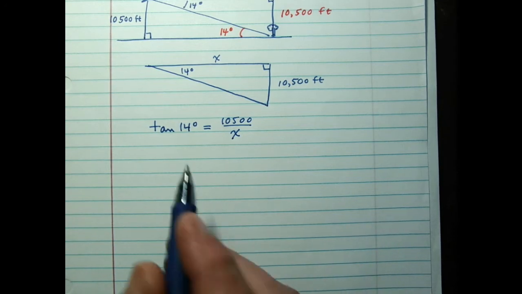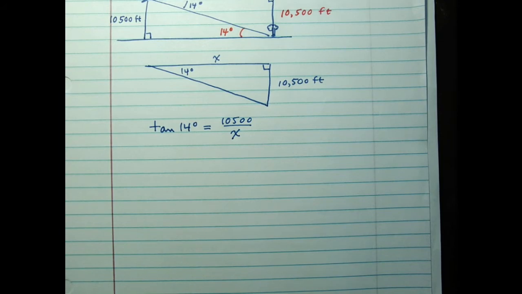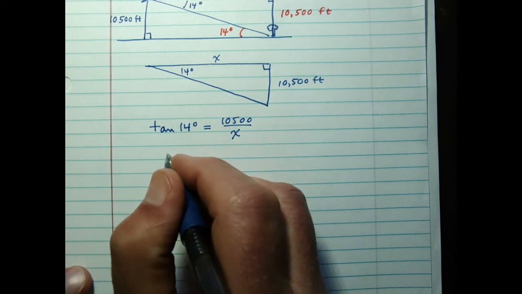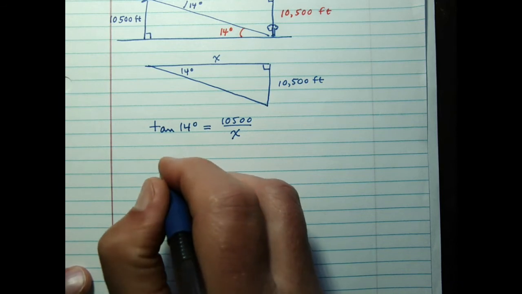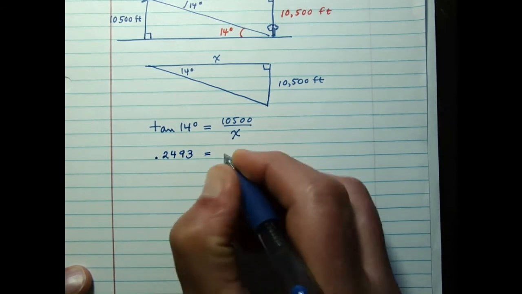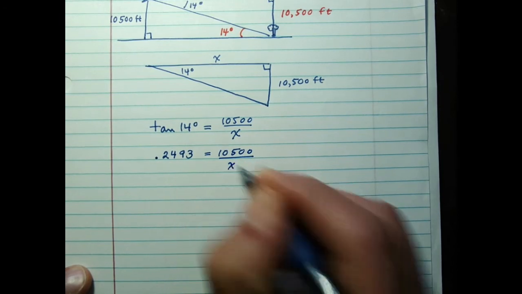I can leave that expression tangent 14 degrees if I'd like, or I can figure out the decimal later, or I can go right ahead now on my calculator and do tangent 14 degrees. I'm going to do it now, round off at 4 places. So I get 0.2493, which is approximately equal to 10,500 over x.